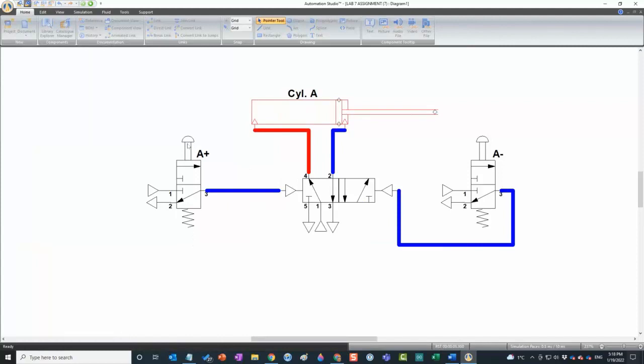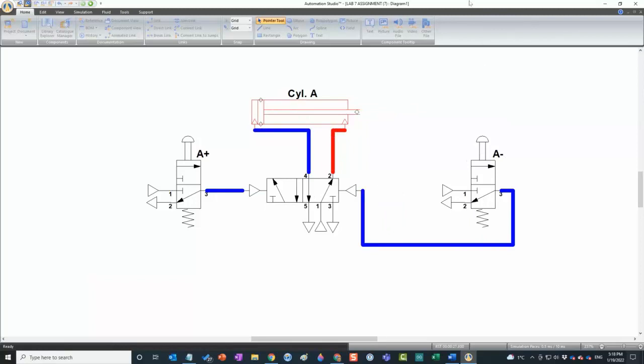Press, let go. It physically put pressurized air in here. For a second, it was red air. It had a force that moved the spool. It moved the configuration of the valve. Now, there's no force to move it back because this valve doesn't have a normal state. The only way I can make this go back is if I put pressurized air in here and make it go back. There you go.